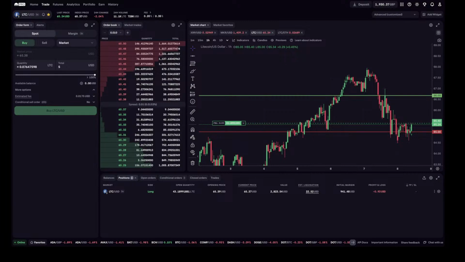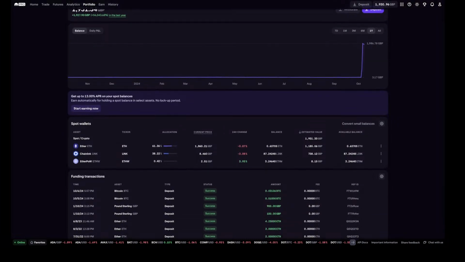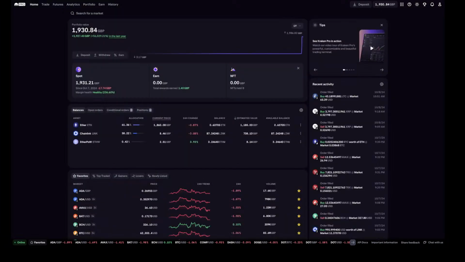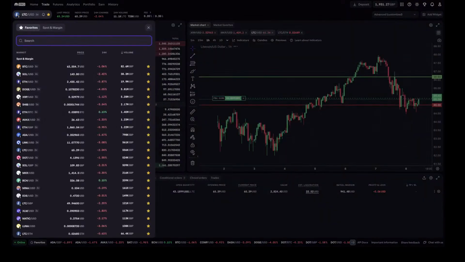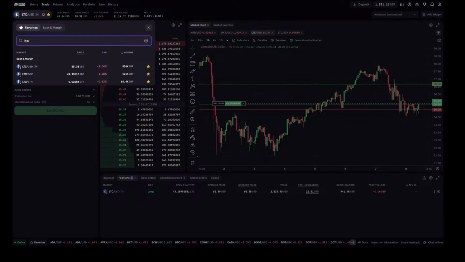In addition to this Litecoin against a dollar trade, I have actually swapped some Ethereum for Litecoin as well. The order hasn't gone through. So LTC, ETH.